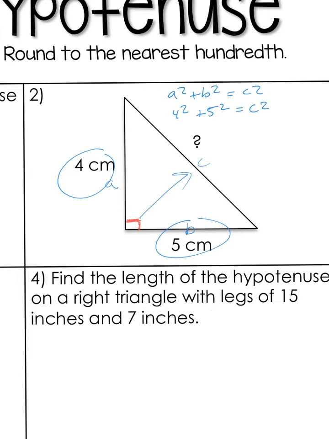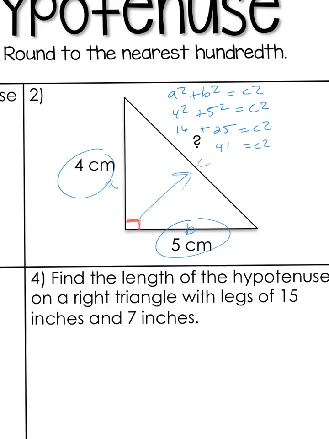Well, 4 squared is equal to 16, and then 5 squared is equal to 25. And that's equal to c squared. And then 16 plus 25 is equal to 41. So 41 is equal to c squared.